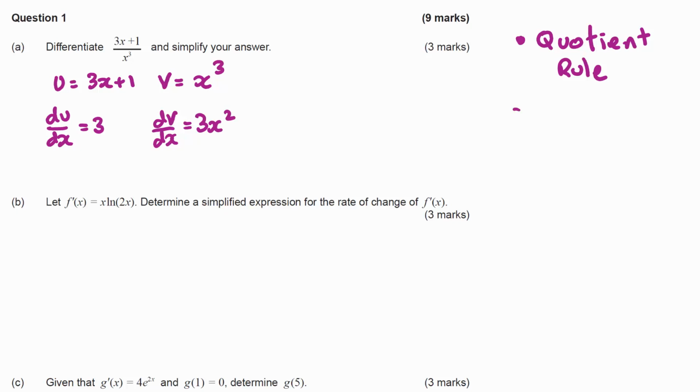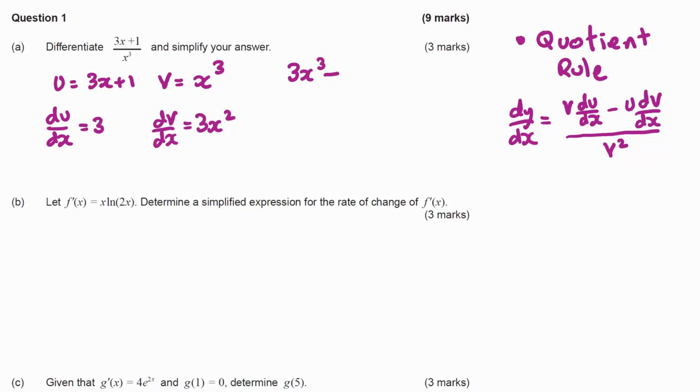The quotient rule says that dy/dx is v du/dx minus u dv/dx, all divided by v squared. So here I'm going to get v du/dx, so that's going to be x cubed times 3.